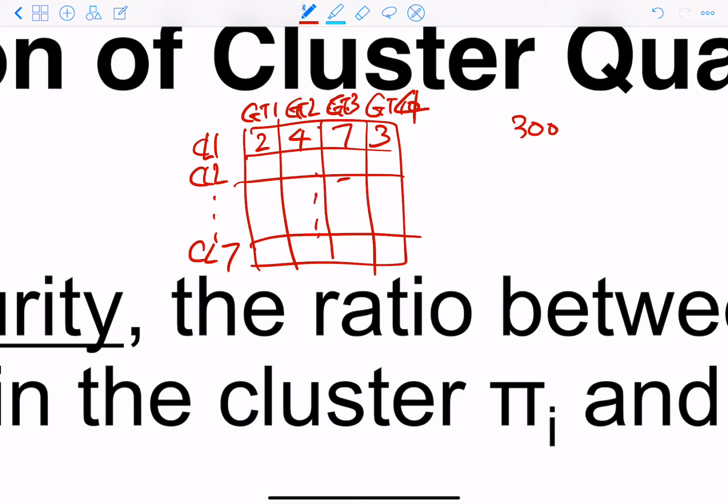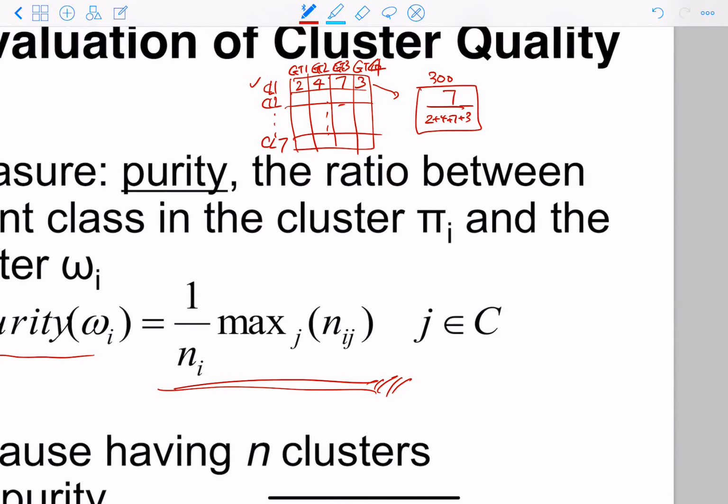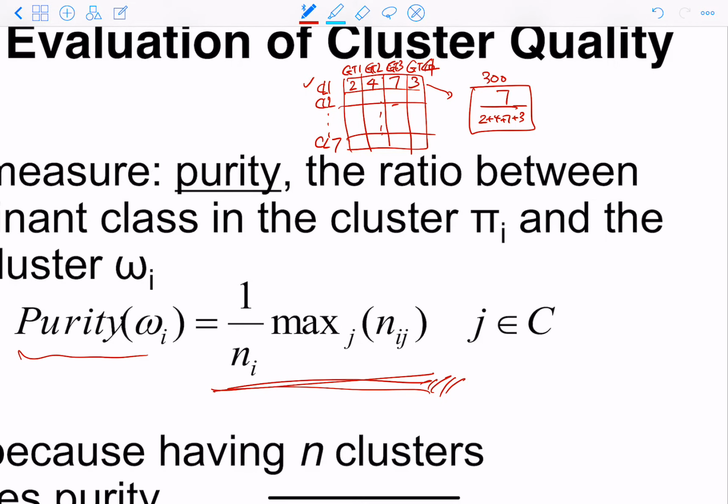In this case, the purity is defined as this. How pure is this cluster? It is simply the relative ratio of the major ground truth class for the given cluster. So this is defined as this.